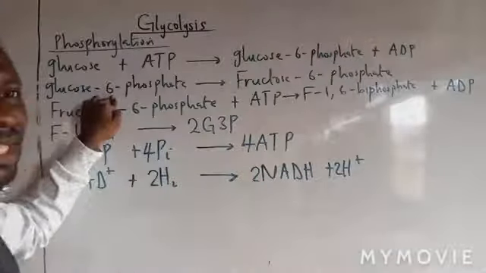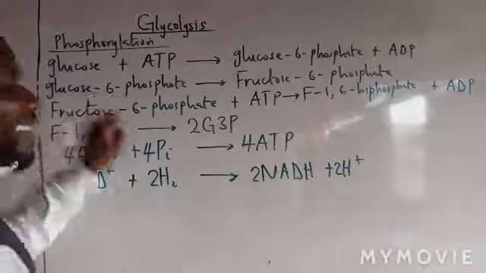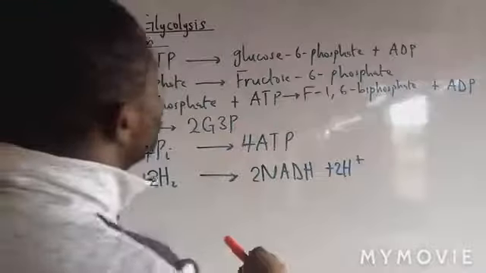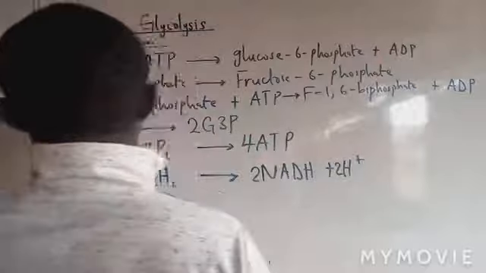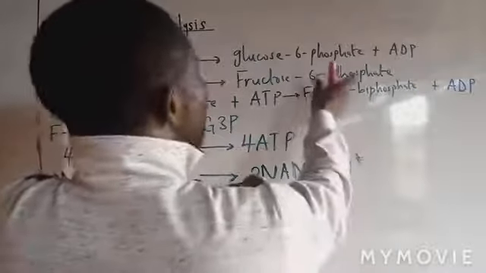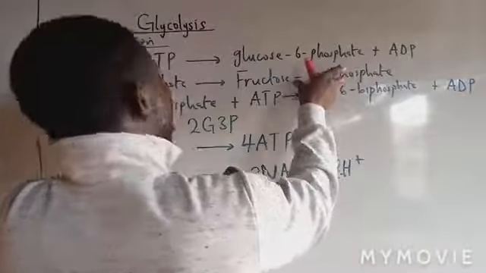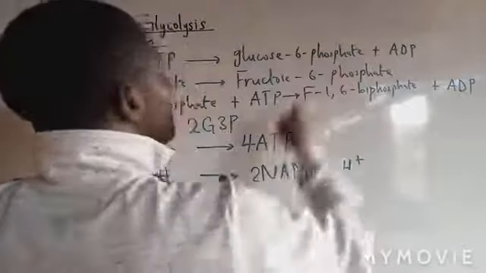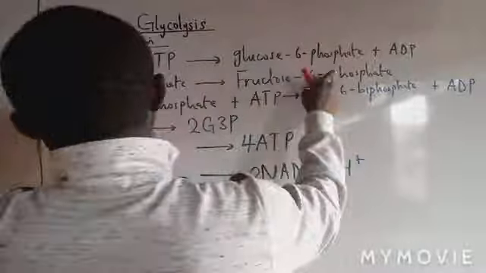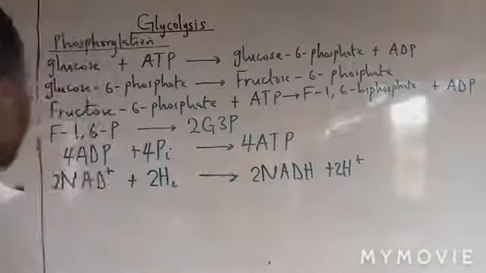Glucose 6-phosphate will then rearrange itself to give us fructose 6-phosphate. They are isomers. We only need rearrangement to form this.